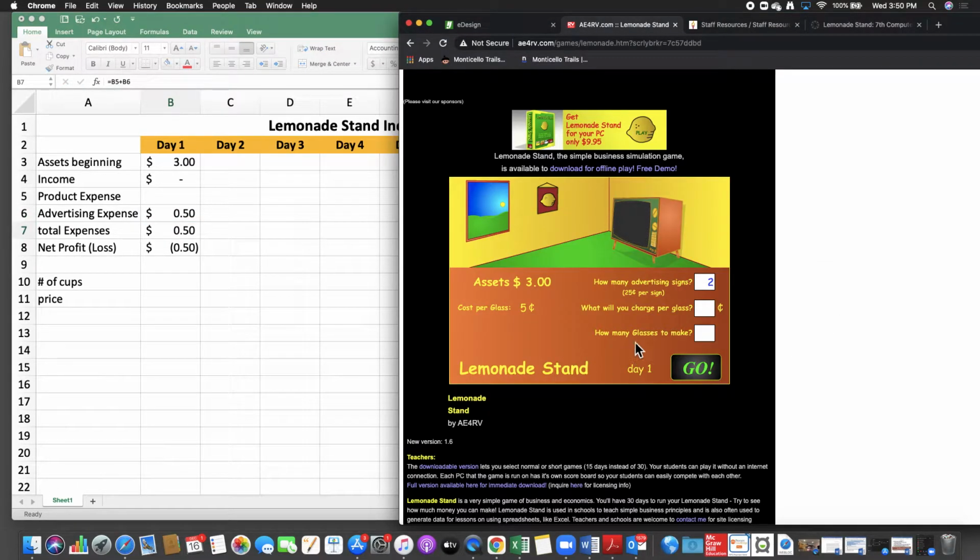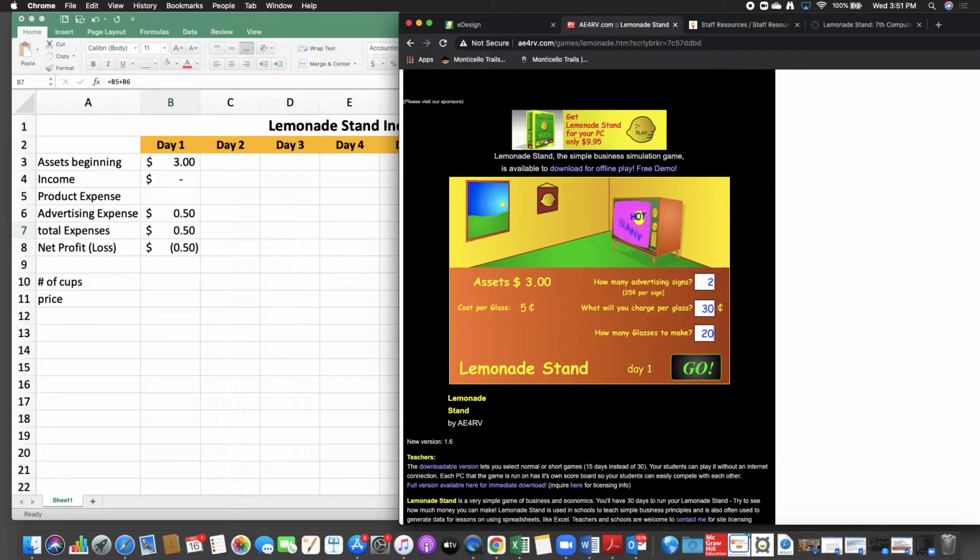Okay. I'm going to charge 50 cents per glass, maybe 30 cents. 30 cents per glass because I want to sell a lot. And also I'm going to make 20 glasses.